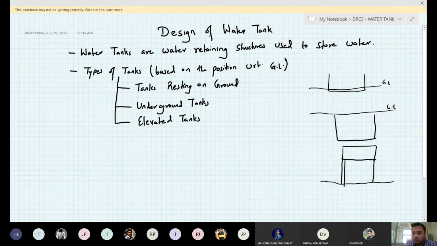We have some column, frame, or shaft type stagings on which the tanks are resting. So this is elevated tank. This is underground tank. And this is tank resting on ground.